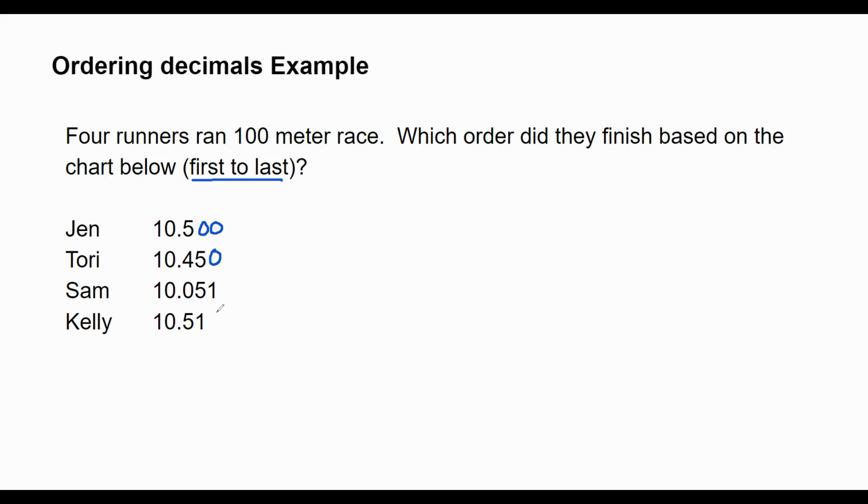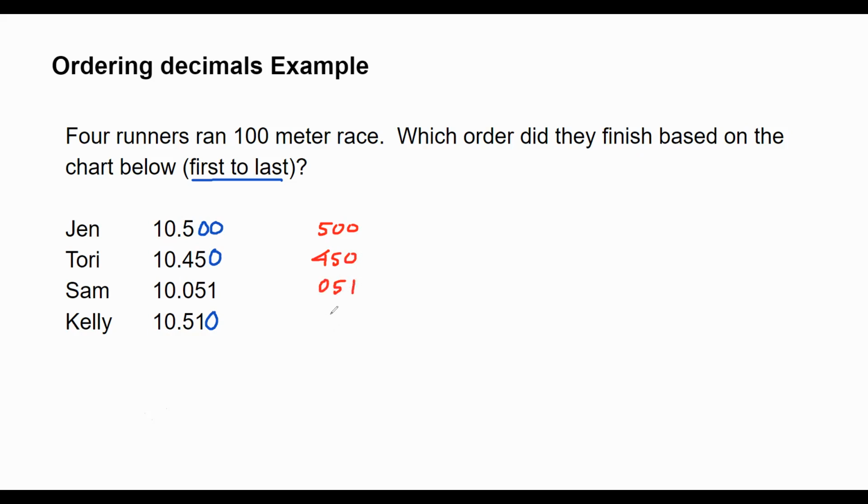And I think you can see how that immediately starts to make this easier to compare. Since these first whole numbers, that's really the first place that you want to compare, they're all the same. So that doesn't really help us out. So if it simplifies things for you, you can really focus on the numbers after the decimal if the whole numbers are all the same.